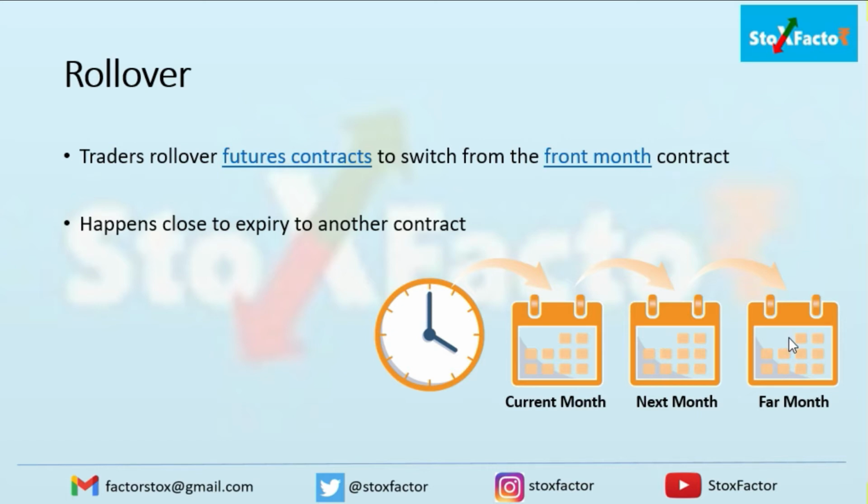So basically you have calculated two numbers now. One is the sum of all these three open interests, and one is only for next month plus far month, and then you divide the next month plus far month by the total. That gives you the percentage of how many positions have been rolled.